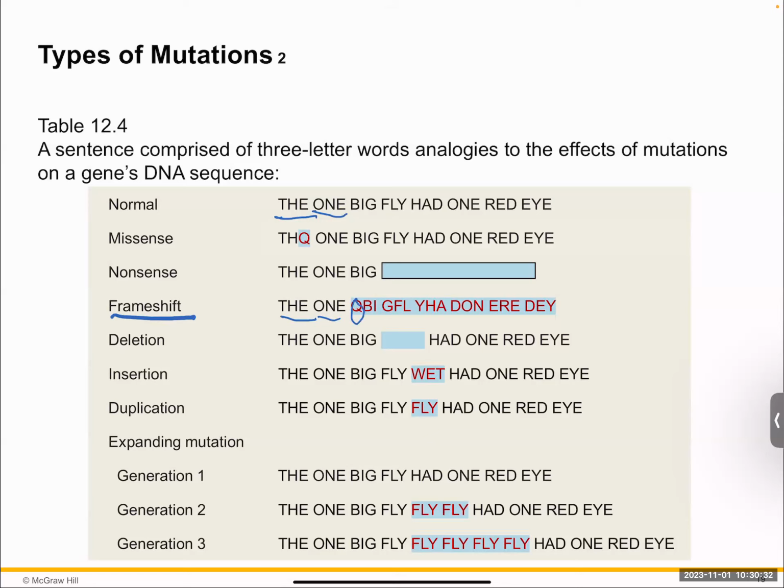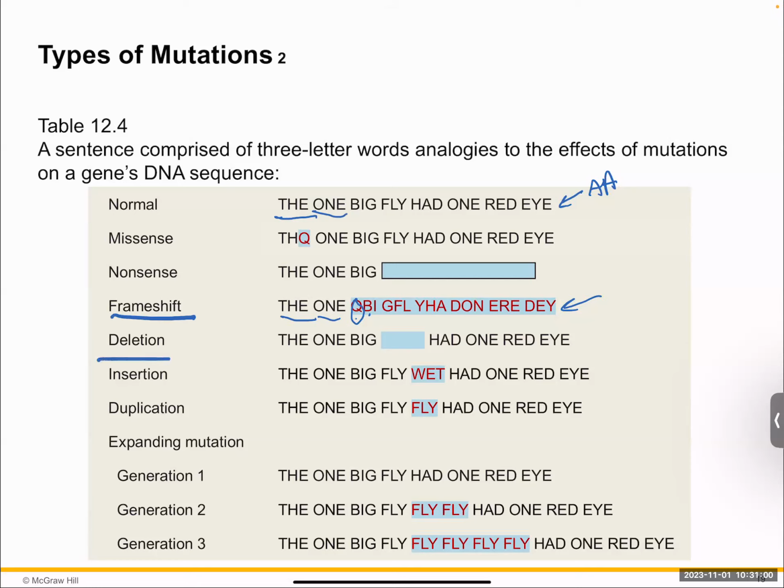So when you do a Q, now your 3 codons become QBIGFL. Instead of words that make sense to us, now we have words that make absolutely no sense. So your original amino acid sequence has been converted to an amino acid sequence that makes absolutely no sense.